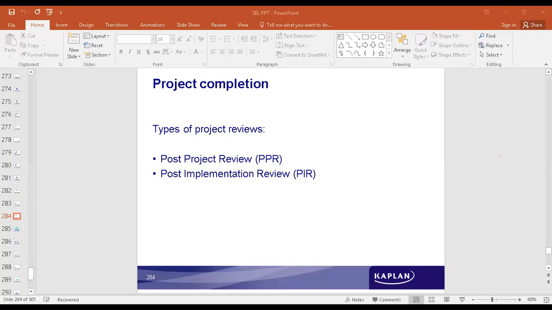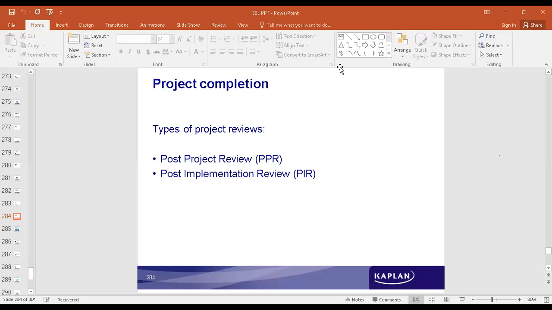Once the project is completed, it is just not sufficient that the work is completed, but later on, after the work is completed, take up a review as to what was initially planned and what actually happened. So post project review is also important. It is important with every task that is taken up.